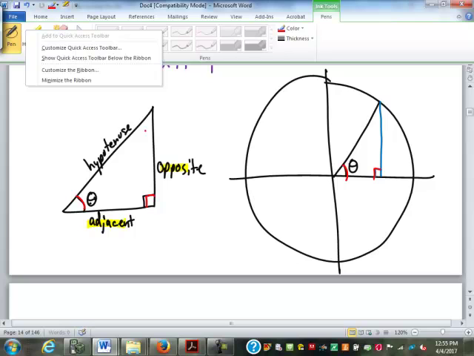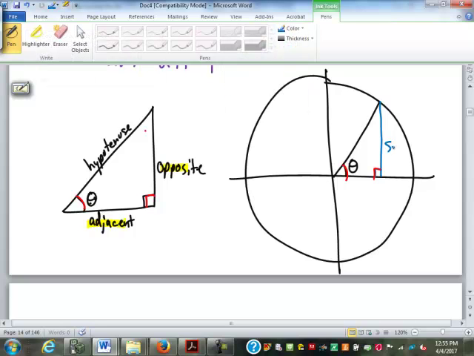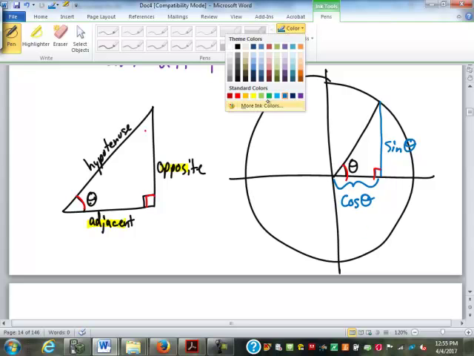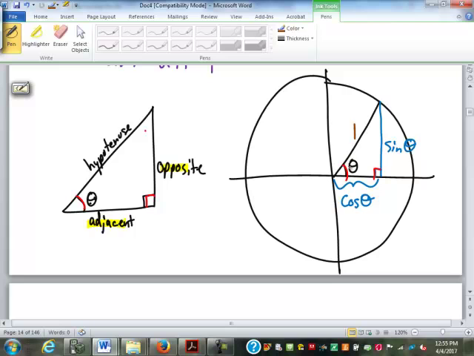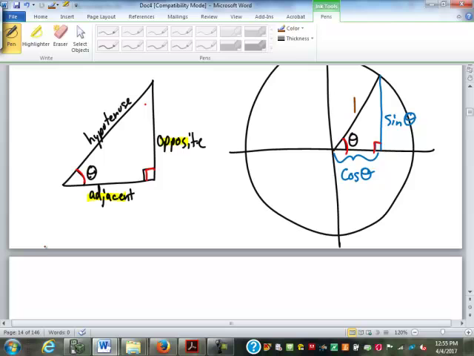Well, let's look over here now. This is the sine of theta here. This distance down here is the cosine of theta. And of course, this length is 1. That's the radius of my circle. So if I want to compare these two triangles, let's look at the sine first. I'm going to compare it to what side of the other triangle corresponds to the sine.